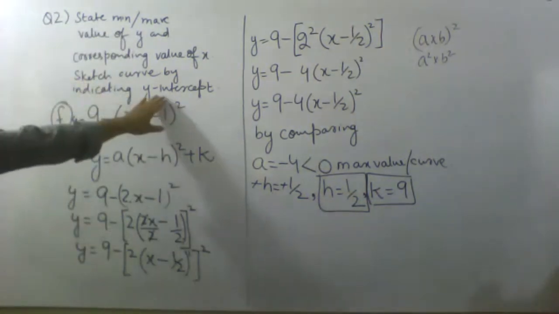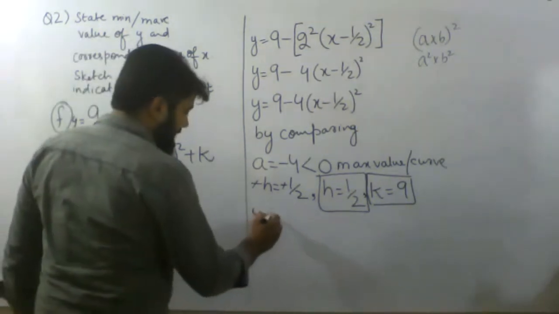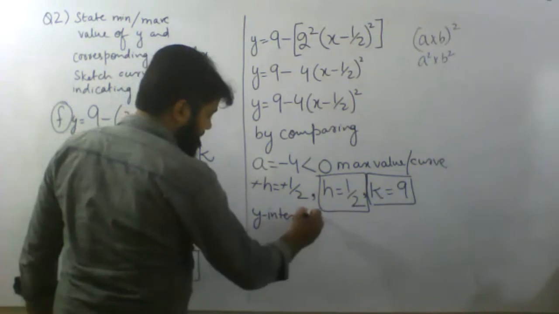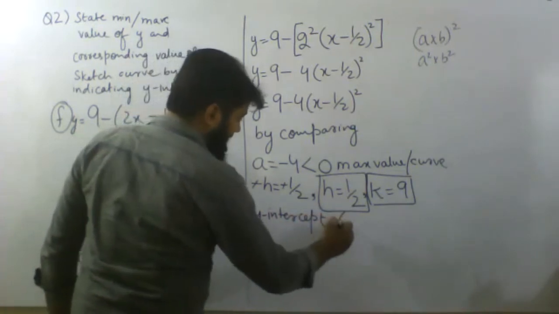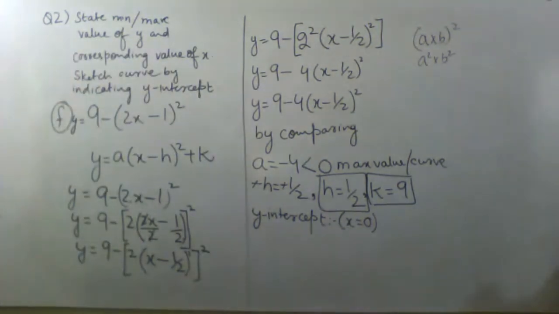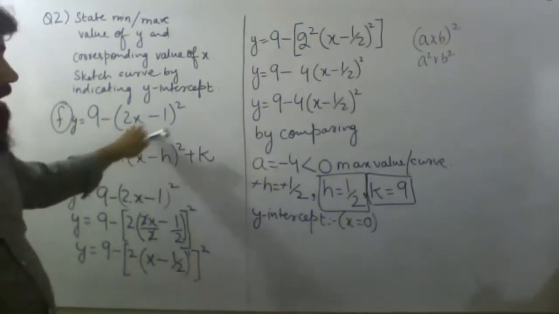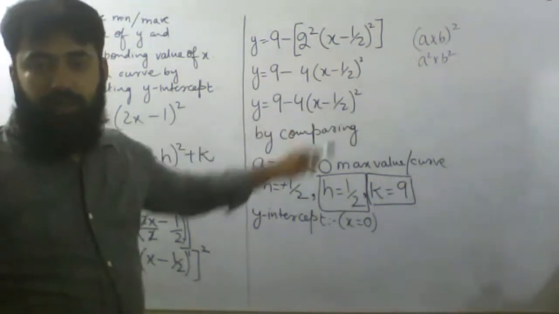Sketch the curve by indicating y-intercept. Y-intercept means the value of x will be taken as 0. It's totally your choice where you want to keep it as 0. You can put 0 over here also, or you can put 0 over here also.